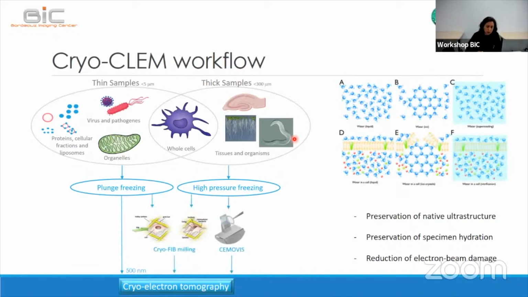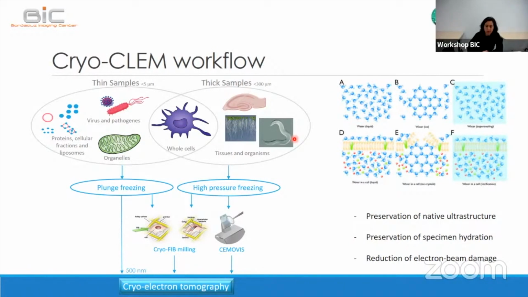If the samples are a little bit thicker than that, you have to go for further processing of the sample, for example Cryo-FIB milling, where you use a focused ion beam to ablate the cell components and create a lamella, and then go into electron tomography. And of course CEMOVIS, that is cryo-electron microscopy of vitreous sections.